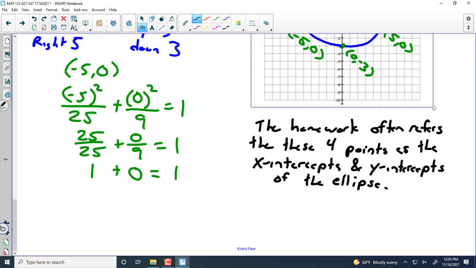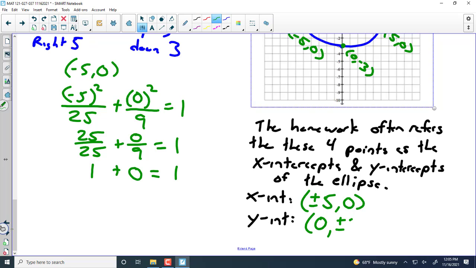So for this one, the x-intercepts would be plus or minus 5, 0. And the y-intercepts would be 0, plus or minus 3. So rather than just saying, tell me 4 points on the ellipse, they'll often say, tell us the x-intercepts and the y-intercepts. But before that spooks you, remember those are exactly the same 4 points we are talking about.